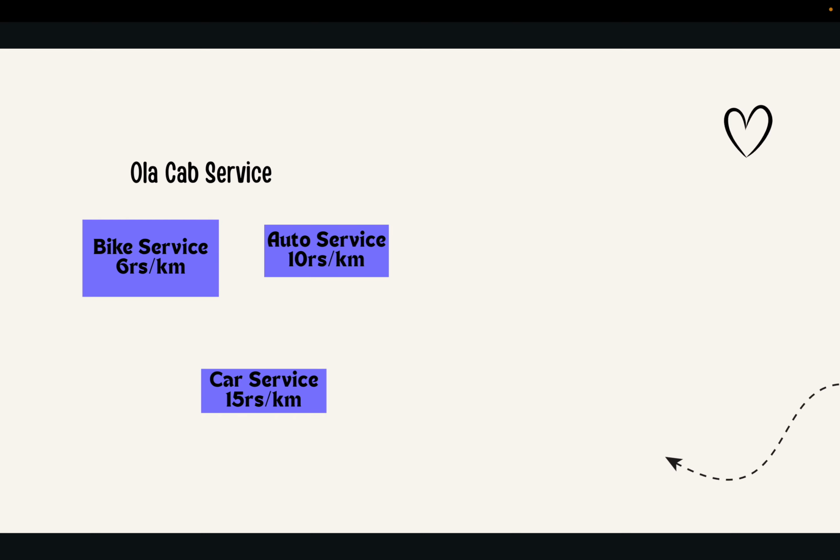In that, bike will charge 6 rupees per kilometer, auto will charge 10 rupees per kilometer, and car service will charge 15 rupees per kilometer. If I want to show the total fare when users tell me where they want to go, how can I calculate it for multiple services or switch between them at the same time?